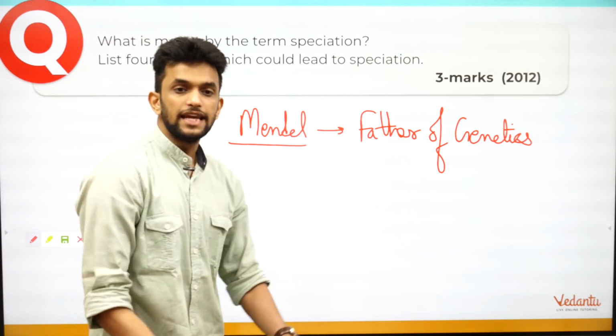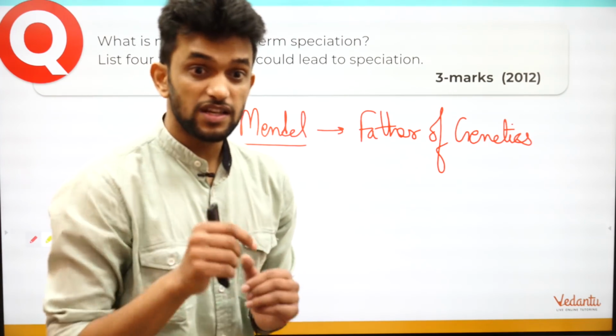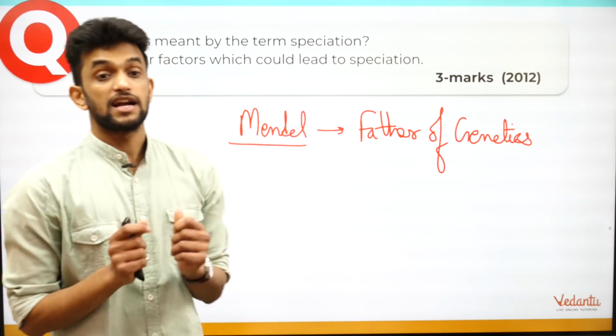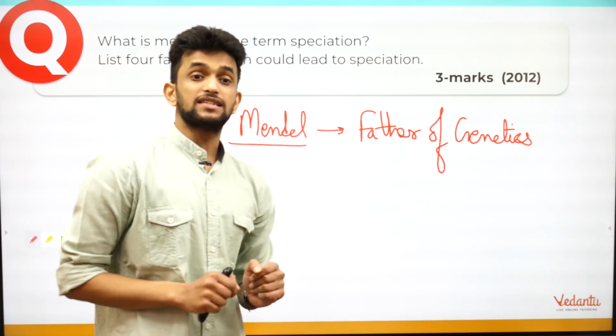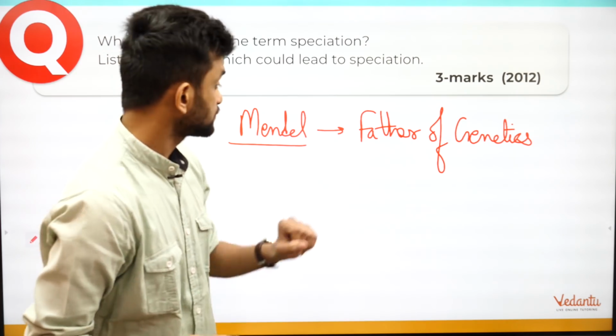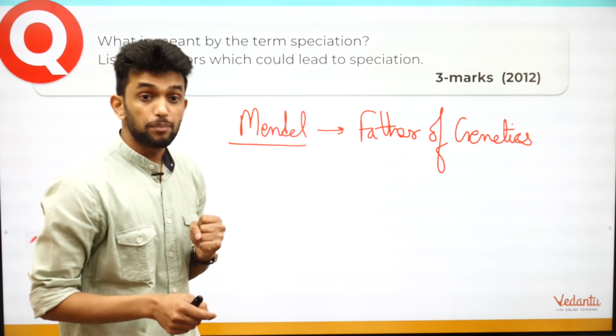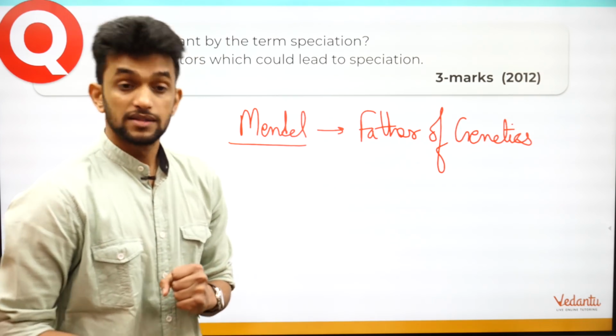Why? Because he did his experiment with what plant? People please mention in the comments. Mendel conducted his experiments with what plants and why? Yes, Mendel conducted his experiments with pea plant called Pisum sativum.